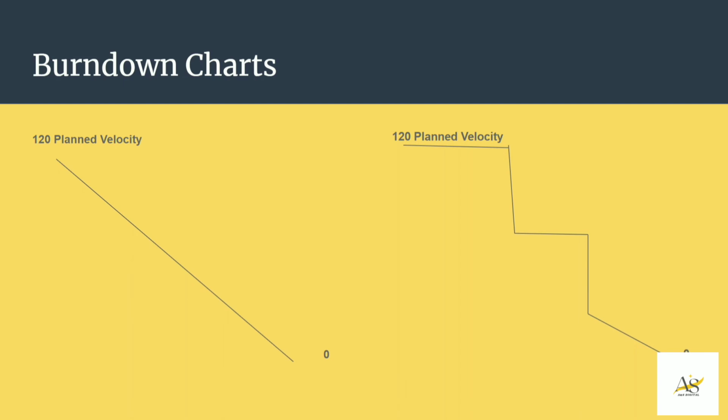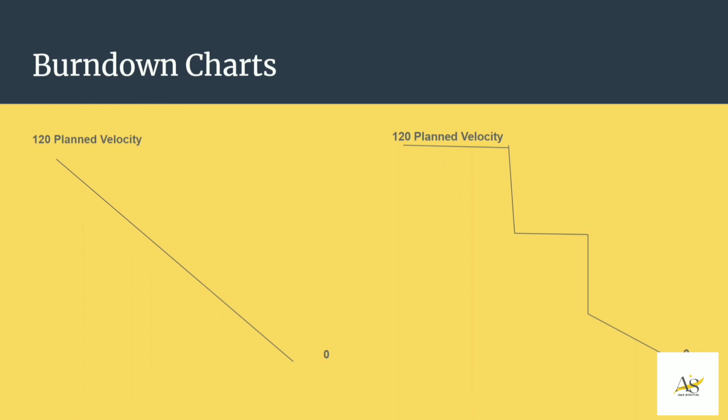Next, I said earlier we will review a burn down chart, and the burn down charts here clearly show you what's happening. The left side and the right side. The left side is showing you a consistent, perfect slope. On the right side, we have some straight lines, some dips, some straight lines, some dips. What the right side shows me is that stories were getting done more waterfall type.